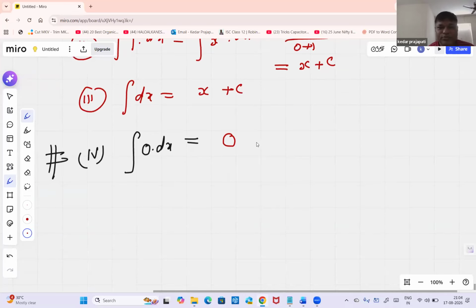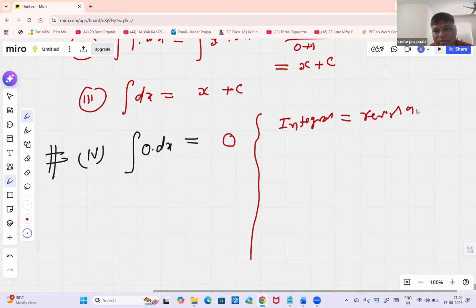But let us do the postmortem. What we say, integration is equal to the reverse of differentiation, right? So, differentiation of any constant is 0, correct?